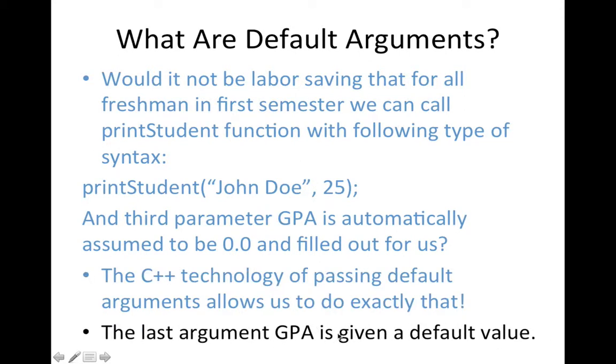So we can use the technology of default argument and give GPA a default value. That doesn't mean you cannot pass an explicit value. Sure, you can. The function will still work if you have comma actual GPA for somebody who is not a freshman in the first semester. Default value is just an extra mechanism.